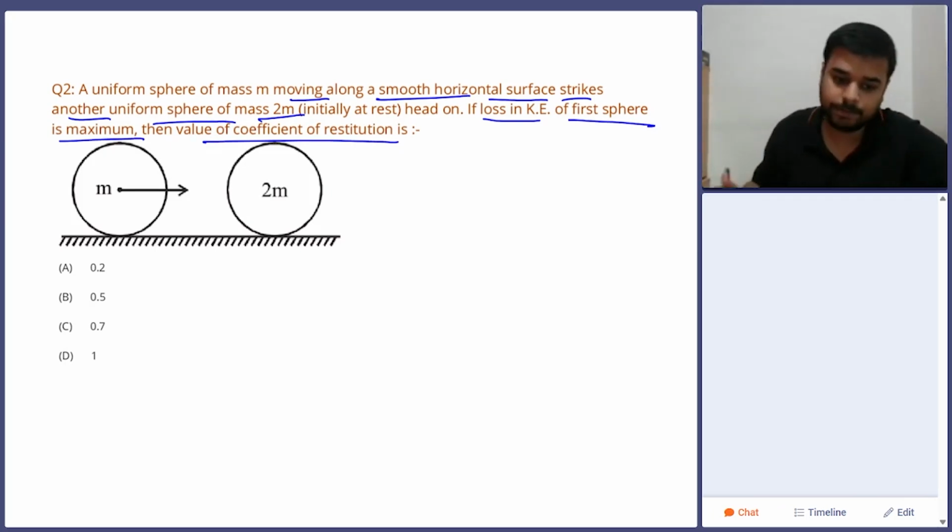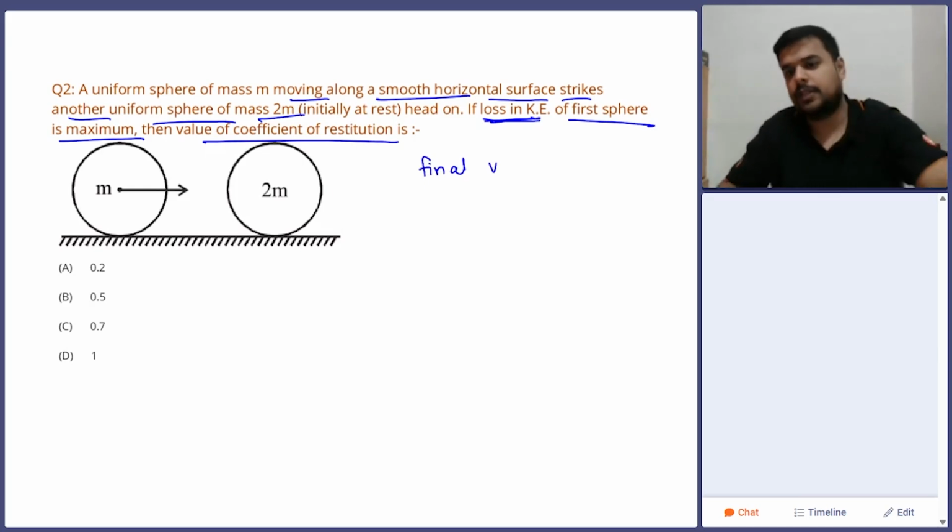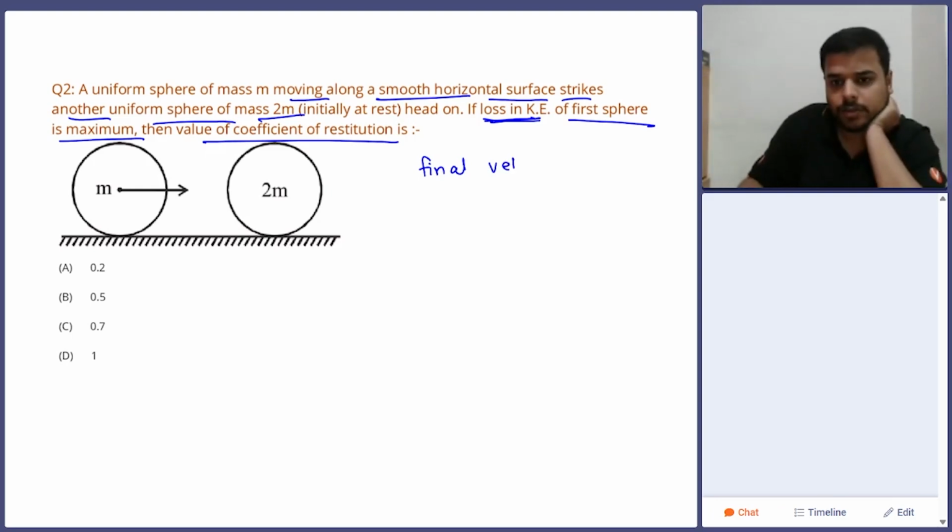So suppose for the first sphere the kinetic energy loss is maximum, so that means the final velocity of the first sphere will be 0, because if all the kinetic energy is lost, then the object will be at rest. So final velocity of first sphere will be equal to 0.